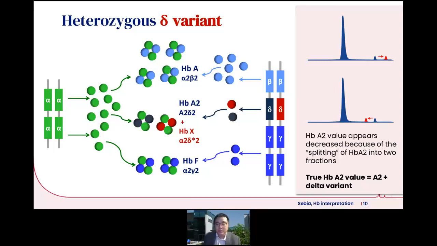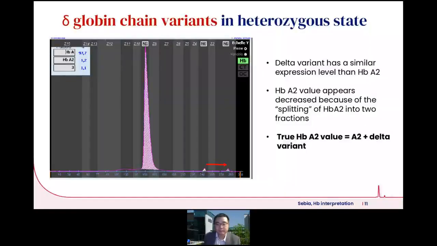But the quantity of hemoglobin A2 would be the concern for a diagnosis of conditions like thalassemia. So once again, the true hemoglobin A2 value is a combination of the normal hemoglobin A2 and also that of the variant. So in this instance, you'll be looking at a true hemoglobin A2 value of 2.3%.